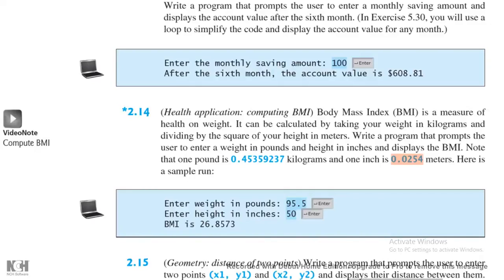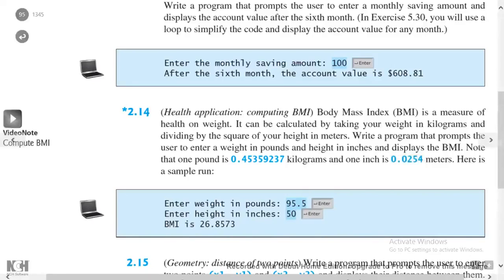Okay, so here is a sample run. Our user decided to put 95.5 for pounds and 50 for inches, and our computed result became 26.8573.